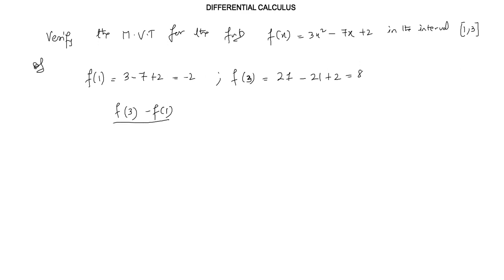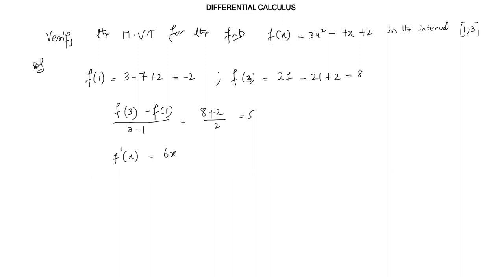So (f of 3 minus f of 1) divided by (3 minus 1) gives 8 plus 2 divided by 2, which is 5.